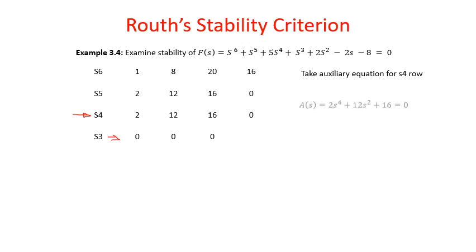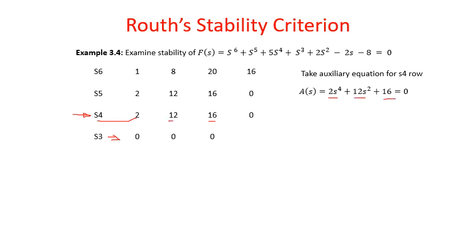So the auxiliary equation A(s) equals 2s to the power 4 plus 12s squared plus 16.